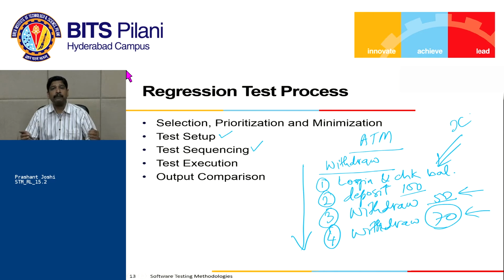Thus my sequencing would fail. So sequencing would definitely carry a meaning, and as we start looking at regression, maybe this sequencing is something that will help us reduce the number of scenarios, while not reducing the amount of functionality that we are trying to test.